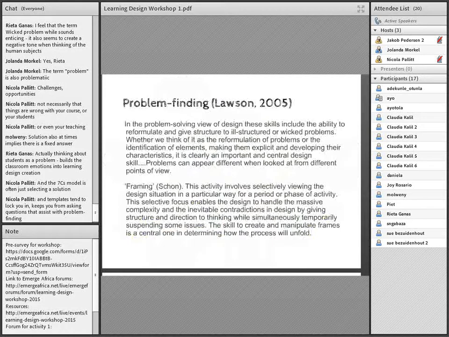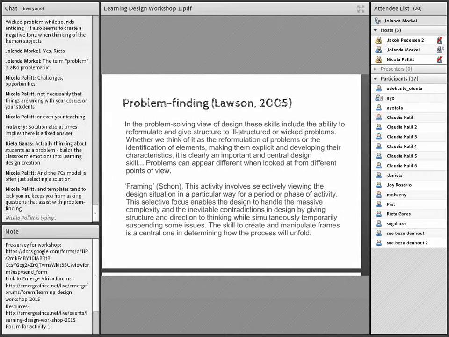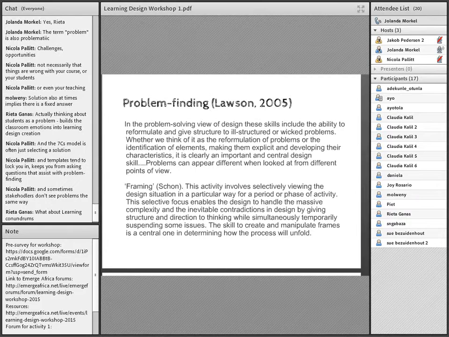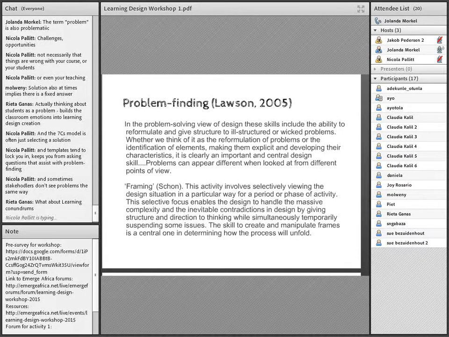So Lawson writes, in the problem-solving view of design, these skills include the ability to reformulate and give structure to ill-structured or wicked problems. That's in the problem-finding activity. Whether we think of it as a reformulation of problems or the identification of elements, making them explicit and developing their characteristics, it's clearly an important and central design skill, and that's a process that we often just skim over. We jump to conclusions, we think we understand the problem.